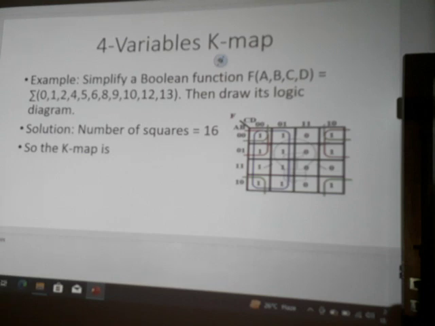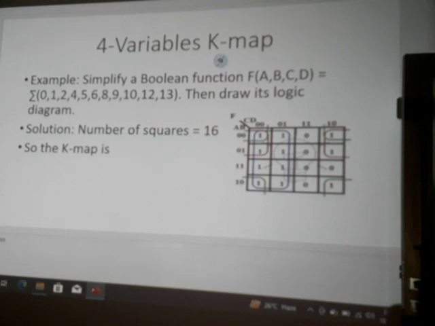Similarly, 1 means we have minterm M1, similarly M2, M4, M5, M6, M8, M9, M10, M12, M13. And the sigma indicates that we will take sum of all these minterms. So, in the function we have all these minterms.